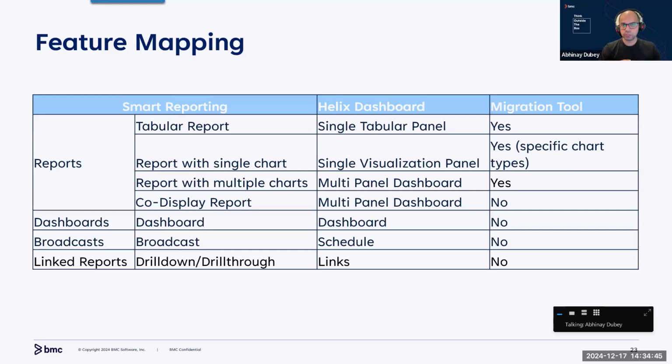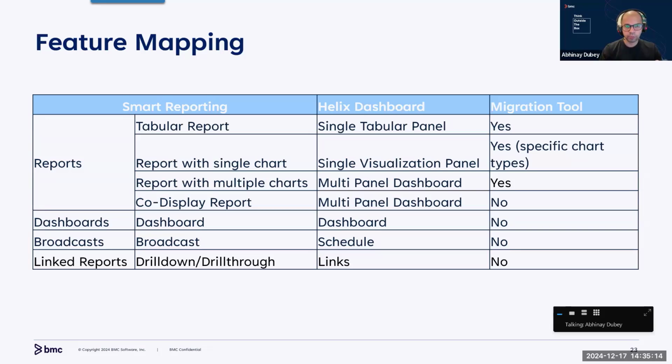Whereas on Helix dashboard side, everything is a dashboard. It can have one or more panels. So as you can see, different object types would map to the dashboard in different ways. A standalone report which has only one visualization or simple tabular reports, they all map to a Helix dashboard which has a single panel.